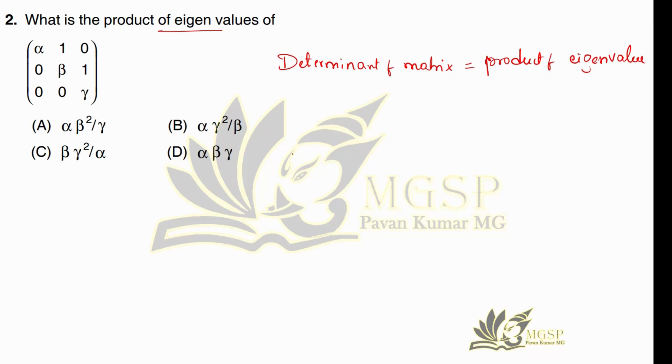There is one more thing. Suppose I ask you to find the trace of a matrix. In the previous video I have shown the trace. You can find it by adding the eigenvalues, or you can just take the trace as the sum of the diagonal elements.